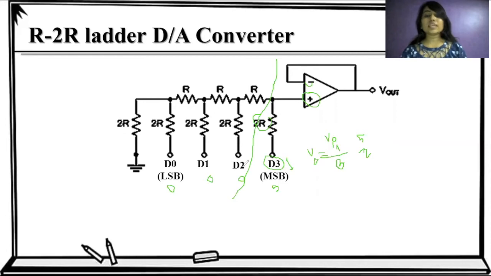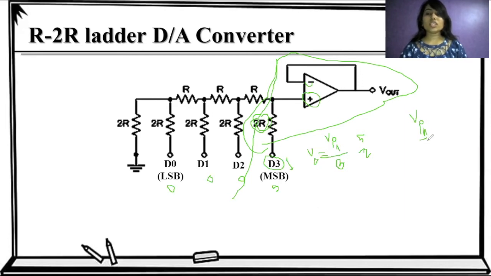So only one resistor is active, that is this 2R resistor, and due to this adder and these connections, we have an output equation like V in divided by 2. So this is how we can get our individual bit equation for analog output.